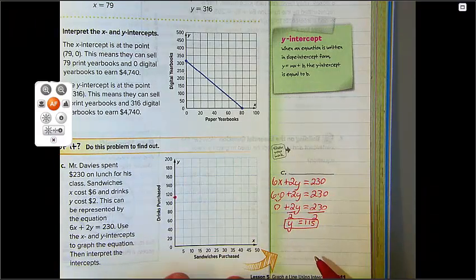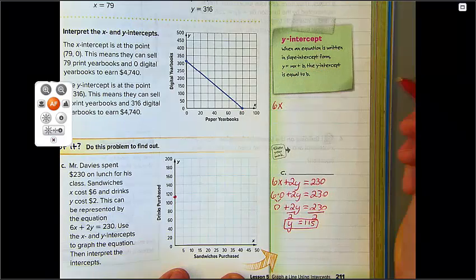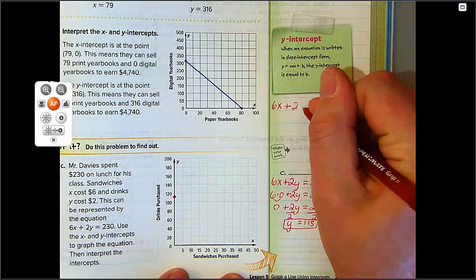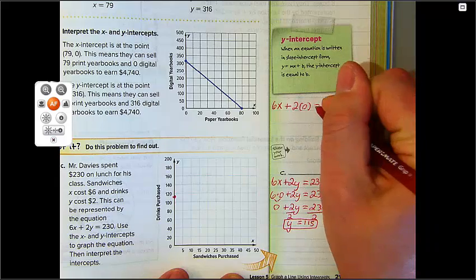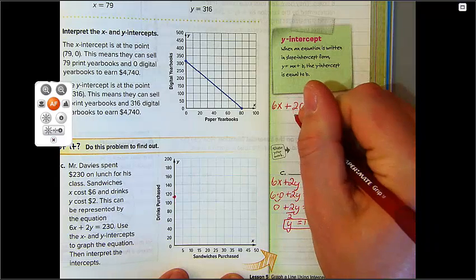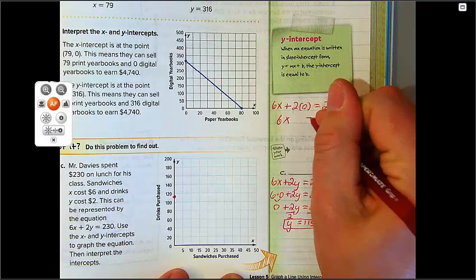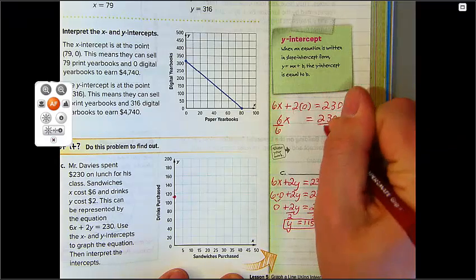Well, now let's take a look and solve for the x. So I'm going to rewrite it. 6x, and then I want to find x, the sandwiches. So now I'm going to make the y 0. To find the x-intercept, you make the opposite thing 0. Okay, equals 230. 2 times 0 is 0, so it's nothing. So we're left basically with 6x equals 230. I divide each side by 6.